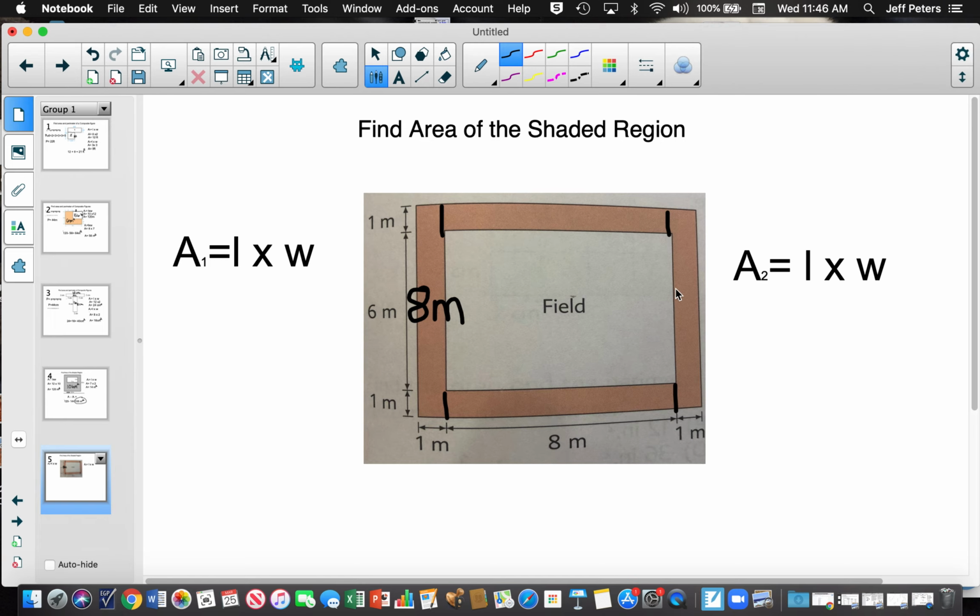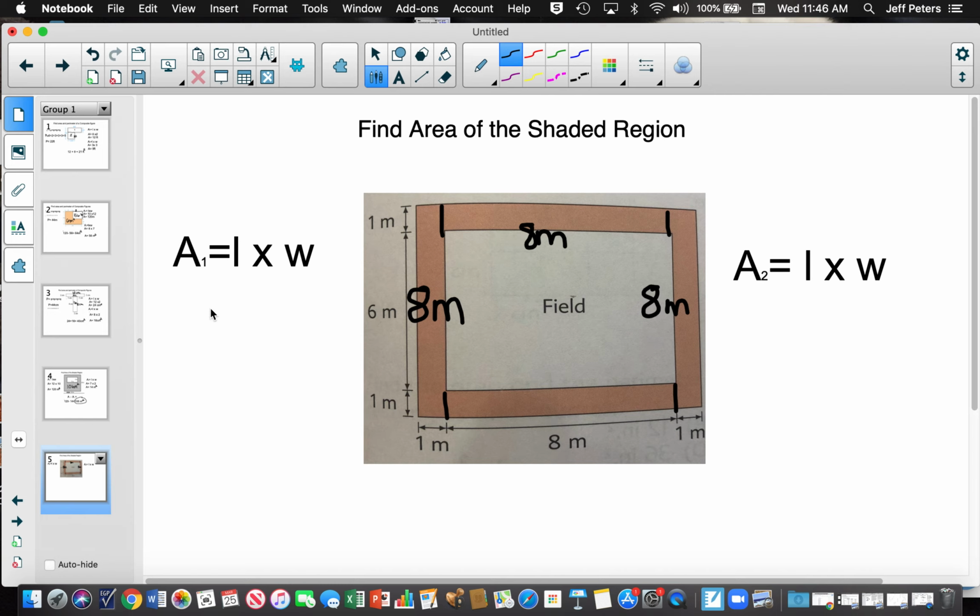The answer is yes. So we'd have our width, and the length of this line is going to be 8 meters again. Then we know the bottom one here, 8 and 1. So this one is also 8 meters, and it has a width of 1.